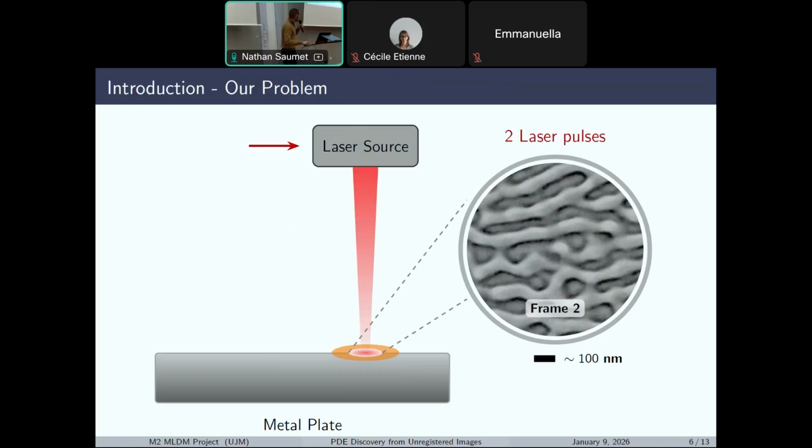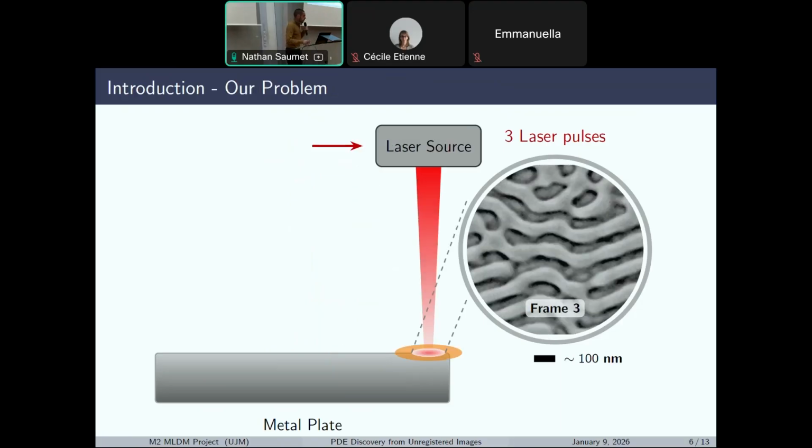So the laser needs to move between images. So what we have is a sequence of patterns evolution where each frame comes from a different physical location.